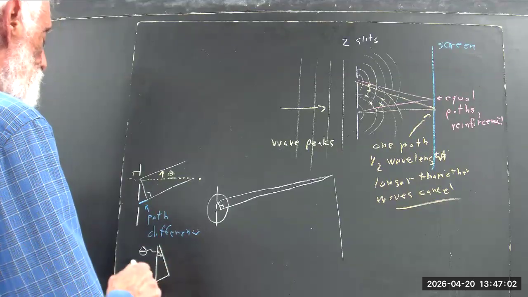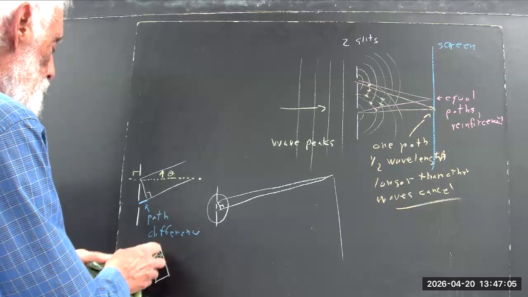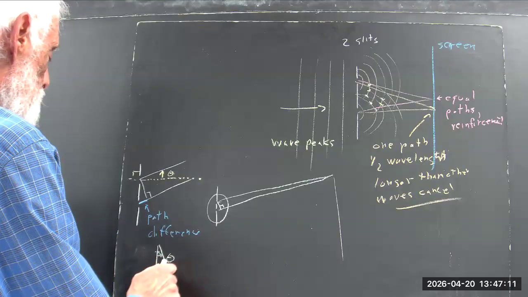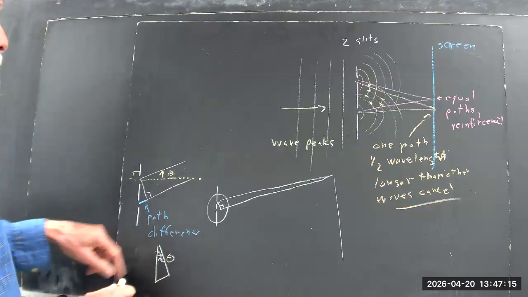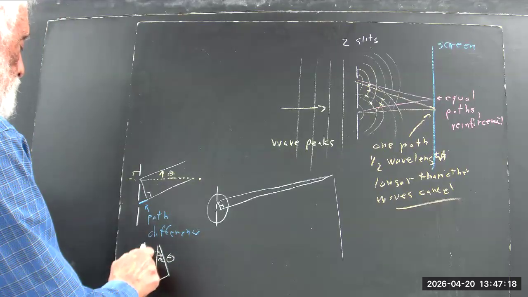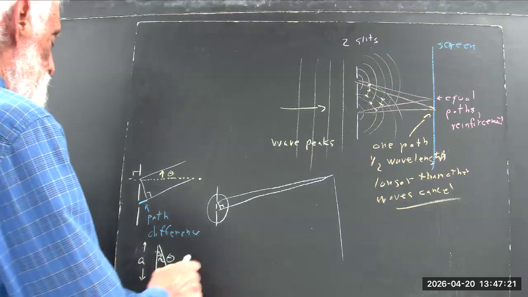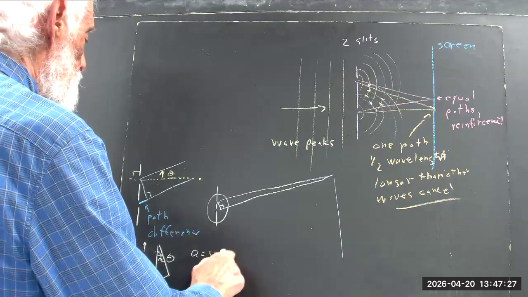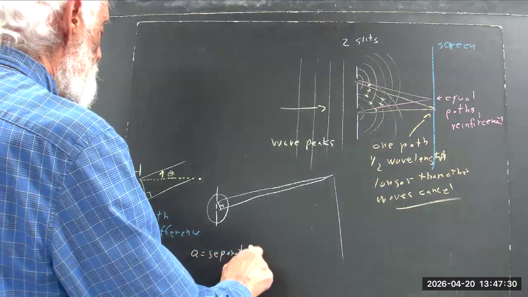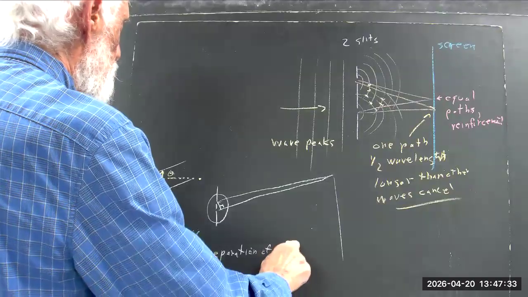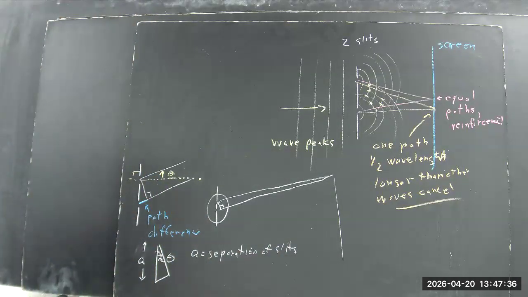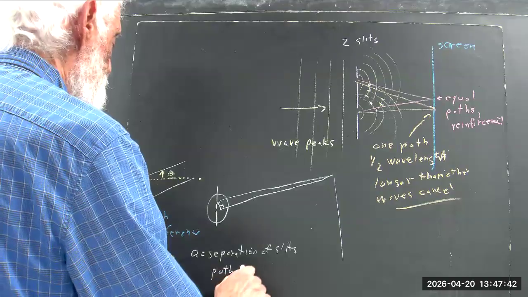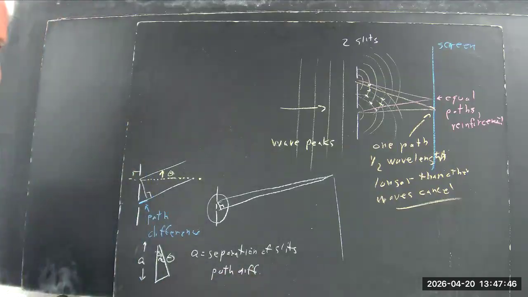Right here's your angle theta, and that was a bad place to label it. You'll see why in a minute. There's your angle theta. And here's distance A. A is the separation of the slits. And the path difference, well, look at the picture.